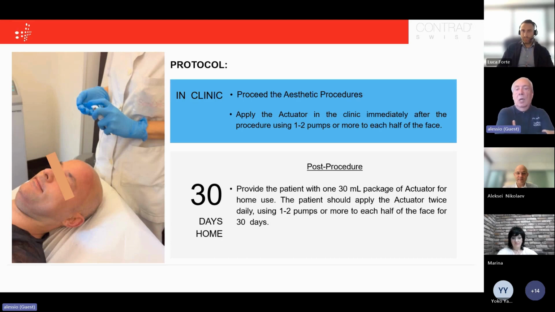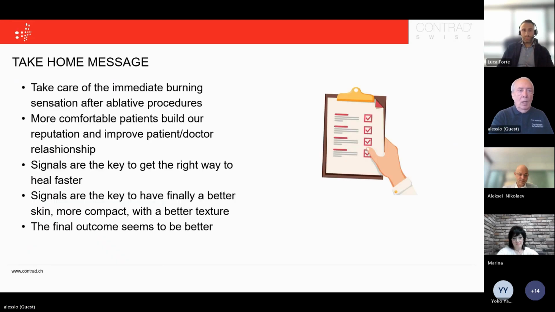We use 1 to 2 pumps for each part of the face for 30 days. So you give them the cream that they will use for 1 month after the procedure. But they can, of course, also use a hydrating cream during the day.